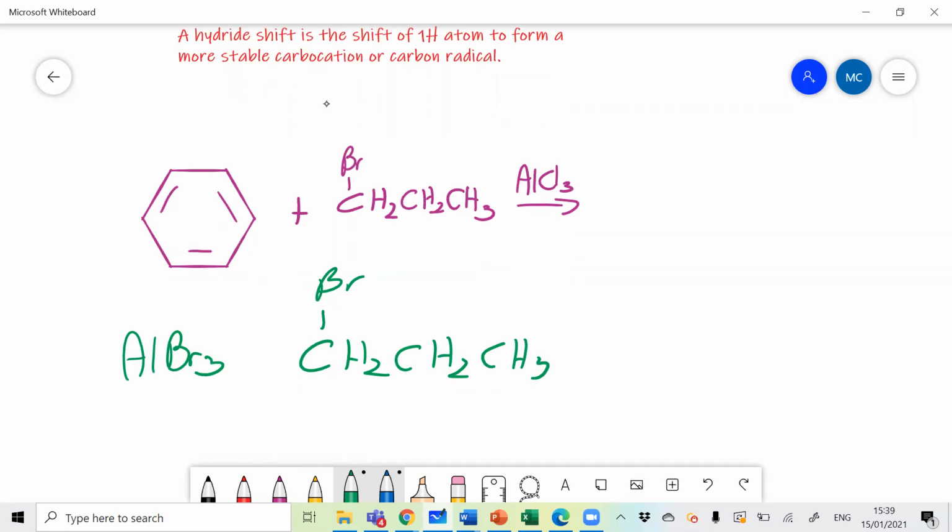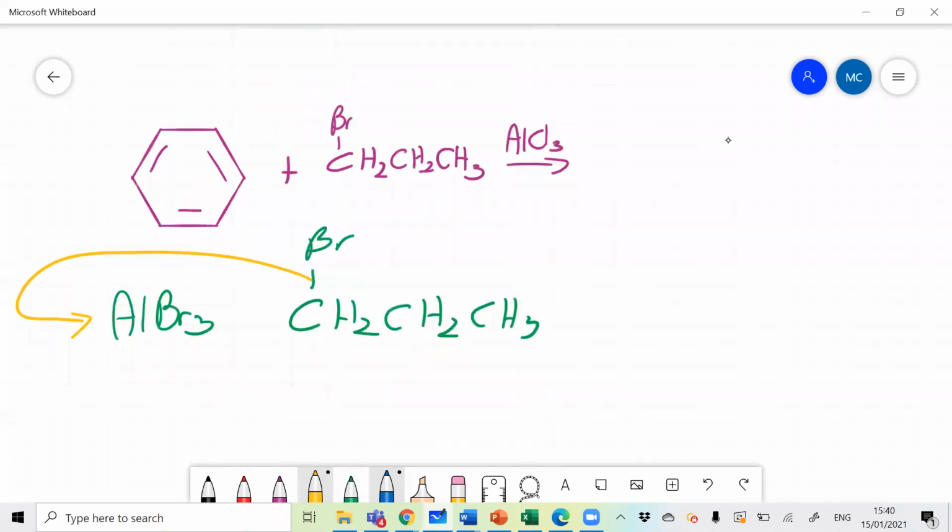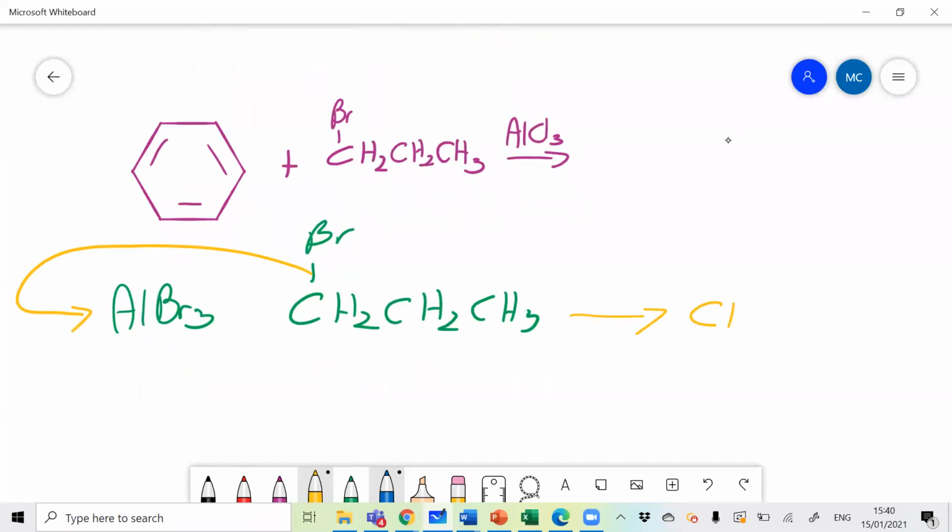Since you have the aluminum being electron deficient, it will take the electrons from the bromine, and that will form the electrophile. CH2, CH2, CH3, with a positive charge on the carbon.